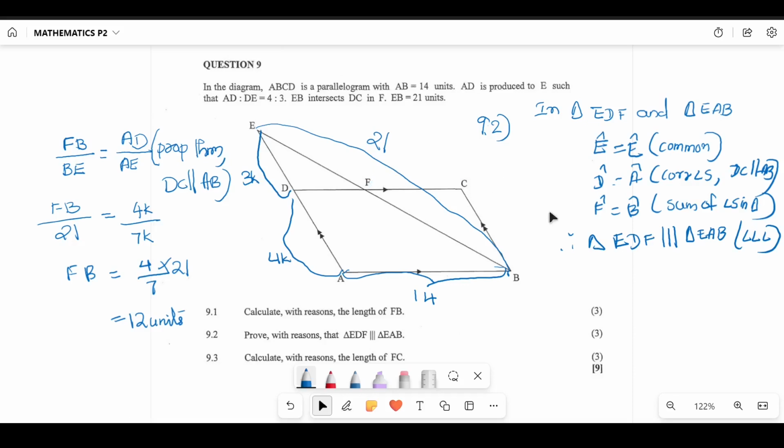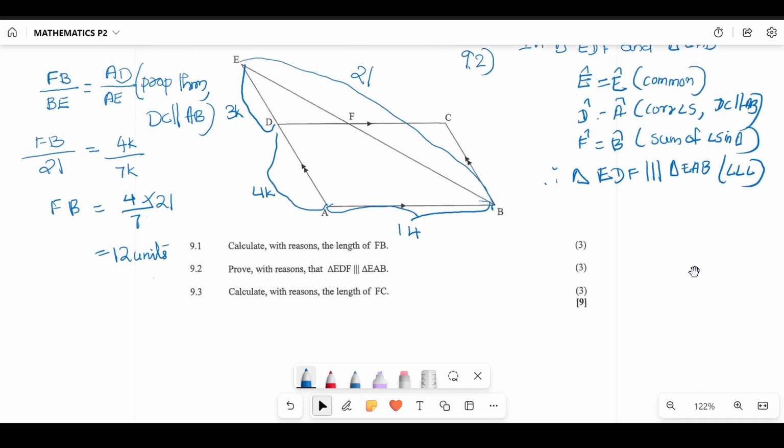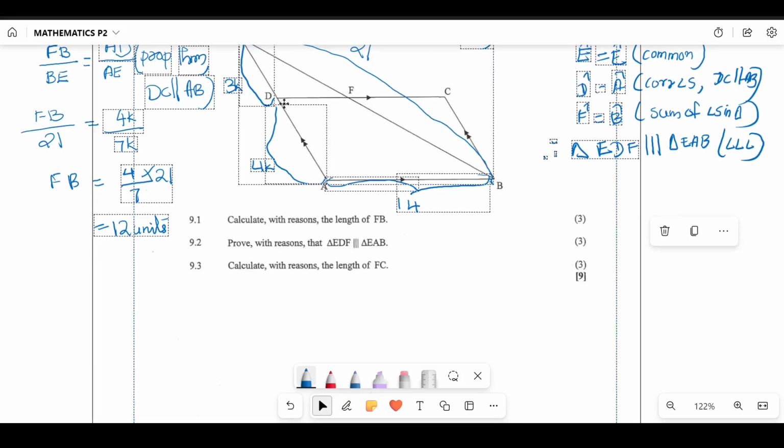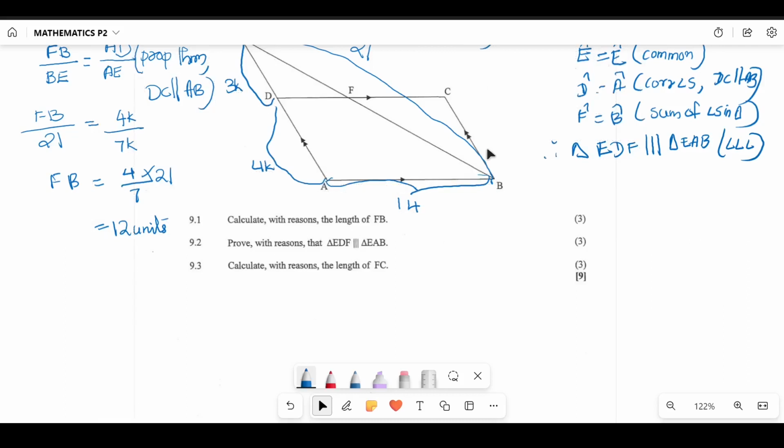So we are going to make use of that information to get the length of FC. If you find the length of DF here, that will help us to find the length of FC, because we know the total length DC is 14 units. So our aim is to find the length of DF.